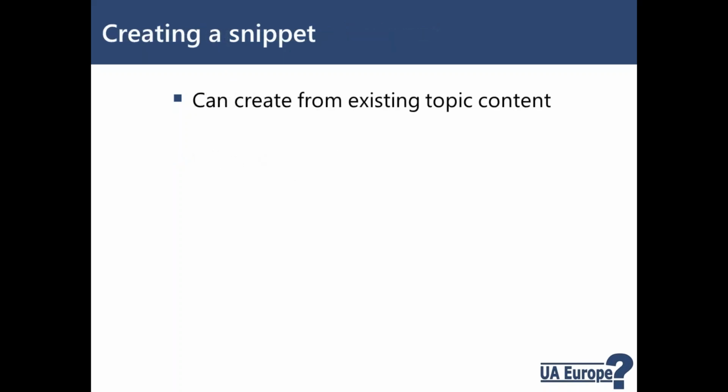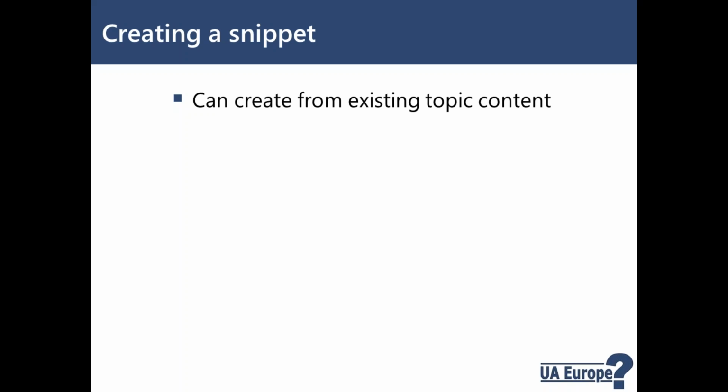How do we create a snippet? I'm going to show you how to do this in a moment. Typically, what I do is I will be typing some content into a topic, and I will think to myself, I may need to reuse this content. This is content that is actually quite useful to refer to elsewhere. So what I'll do, having typed that content into a topic, is I will choose to convert the content I've already entered into a snippet.